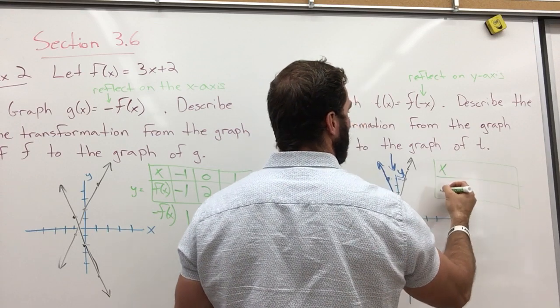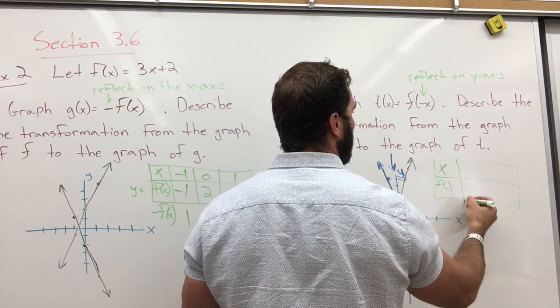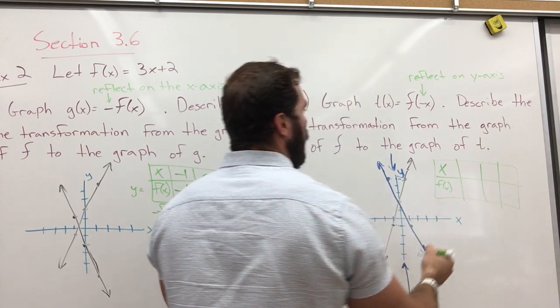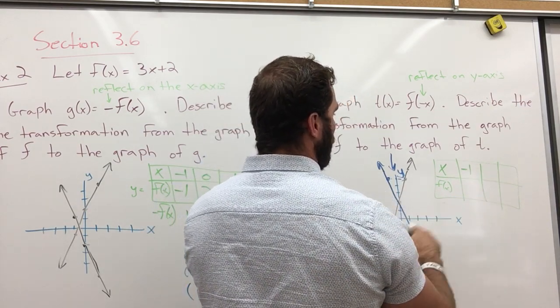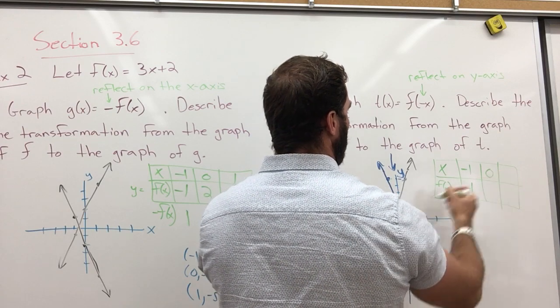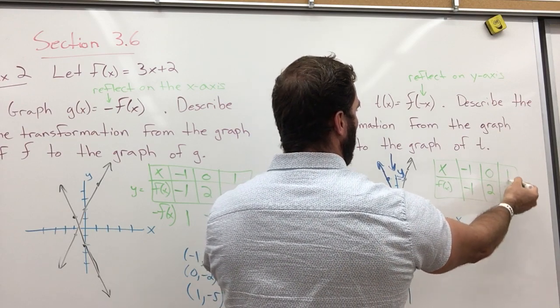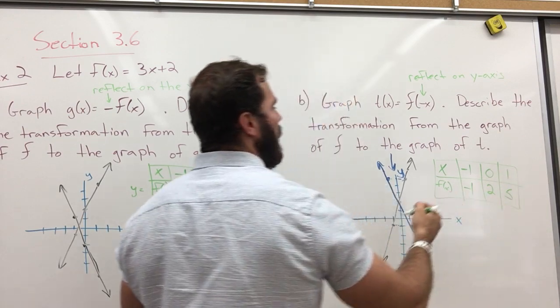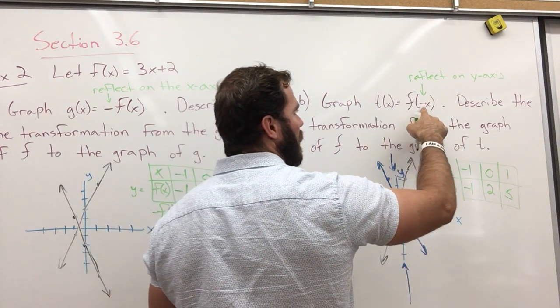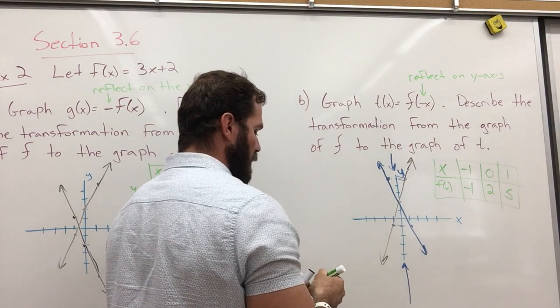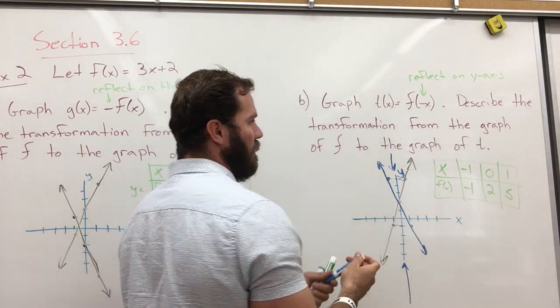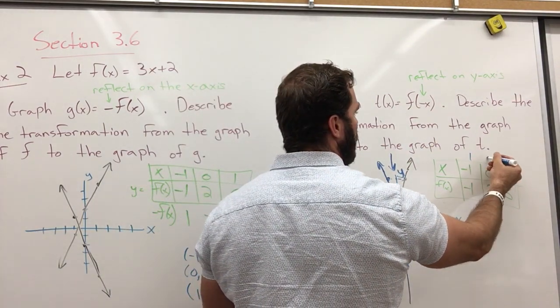Or you could just change all of your numbers if you did the graph. You have your x and your f of x. When x was -1, your f of x was -1, 0, 2, 1, 5. Now change x to negatives. That's all you're doing. So if we make x negative, these all become opposites.